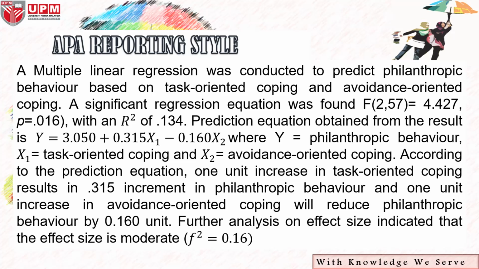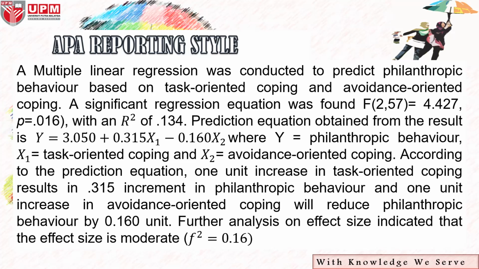The prediction equation obtained from the result is Y equals 3.05 plus 0.315x1 minus 0.16x2, where Y equals philanthropic behavior, x1 task-oriented coping, and x2 avoidance-oriented coping.